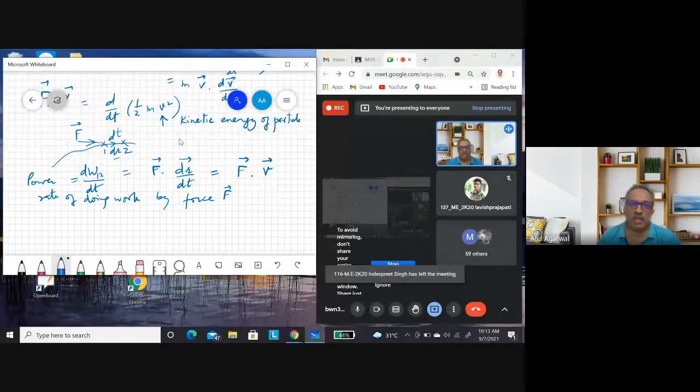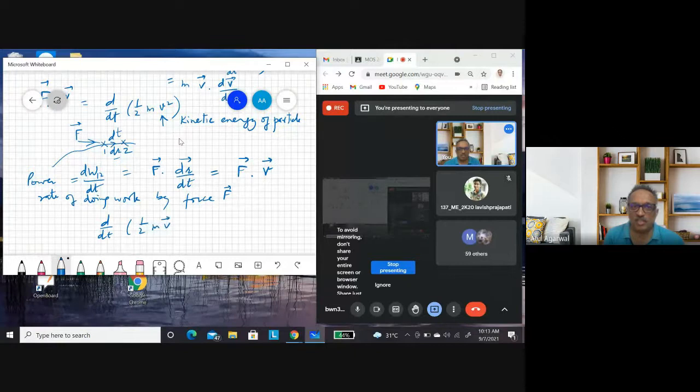If you want to find the change in kinetic energy during the time interval 1 to 2, how will you find it? d by dt of half m v square is equal to F dot v, the rate of change of kinetic energy.